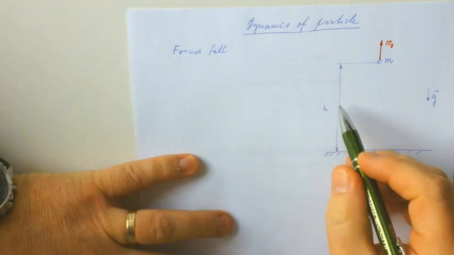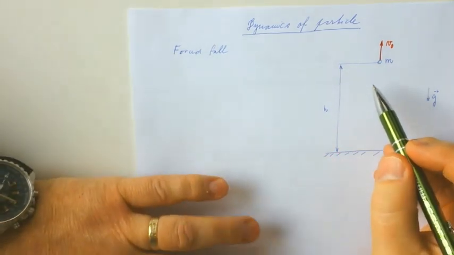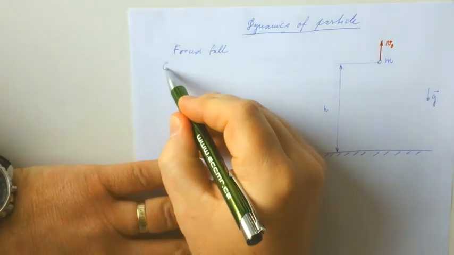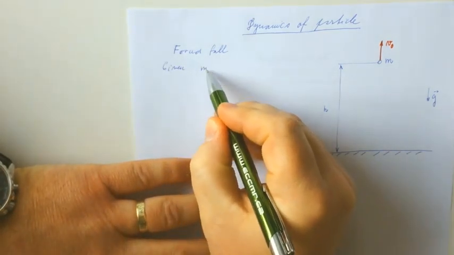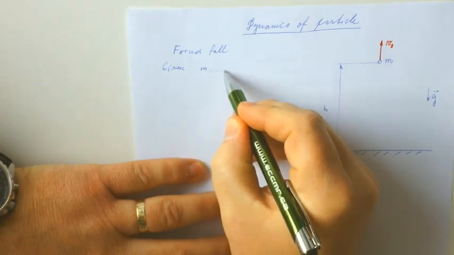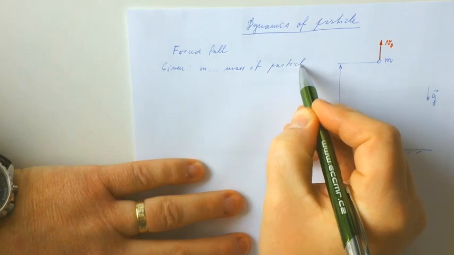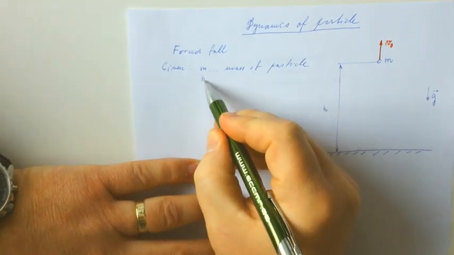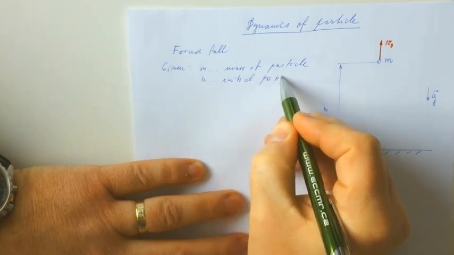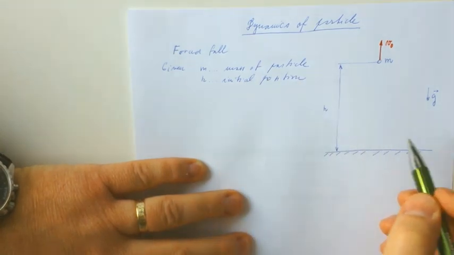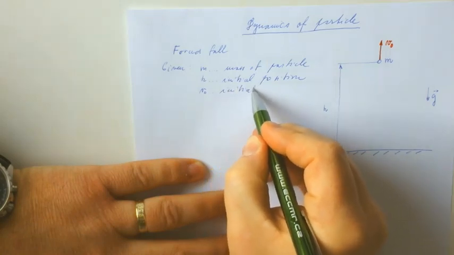So initial position of this particle is h. So we can write some given quantities. So it's m, the mass of the particle, h, the initial position, and v0, its initial velocity.